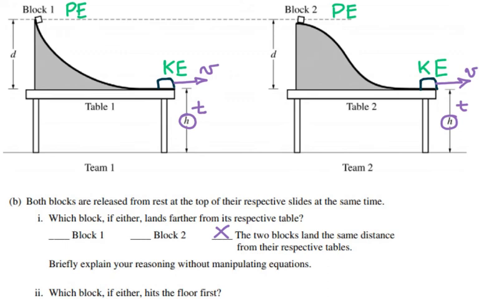And this Brachistochrone curve looks the way the first block's path does, not the second one.